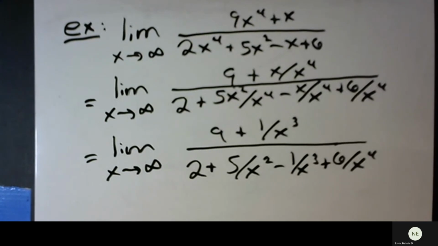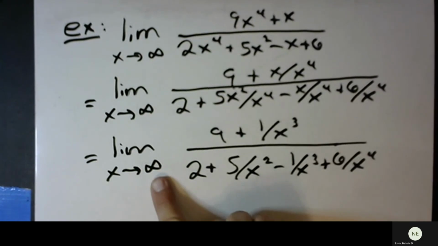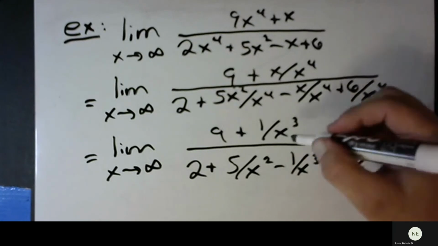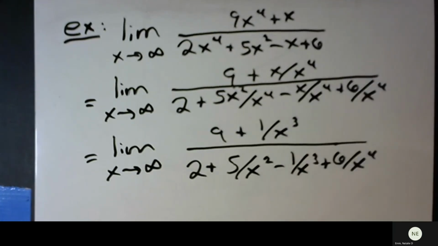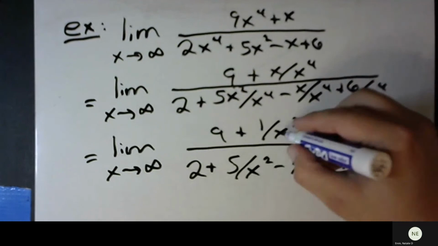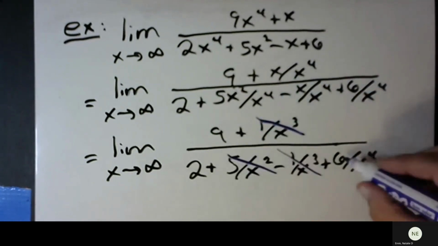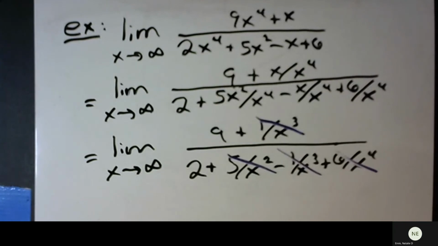And so what's going to happen as x goes to infinity, or if x went to negative infinity, you're going to get the same result here. This will go to 0, 1 over x cubed will go to 0, this will go to 0, and this will go to 0.